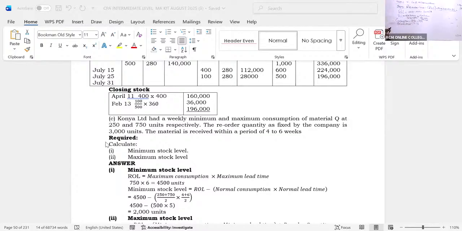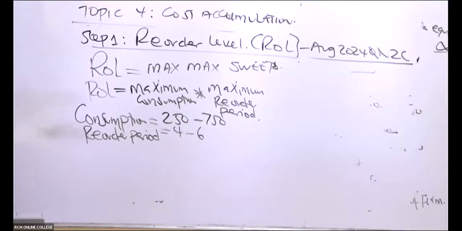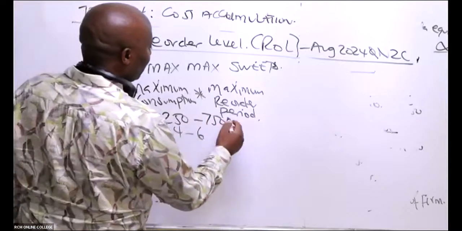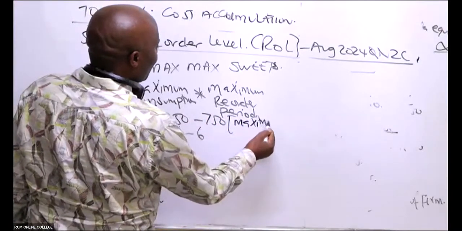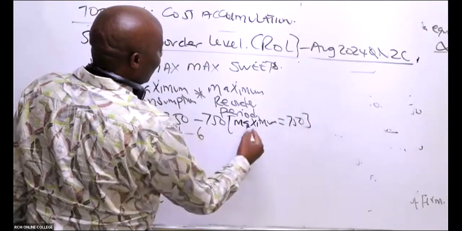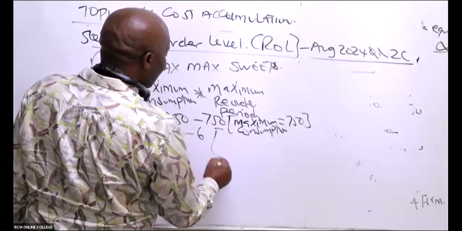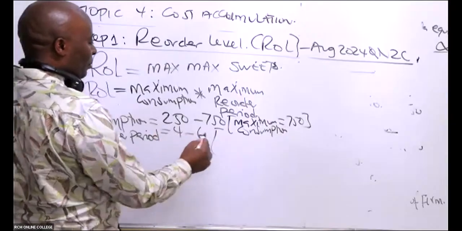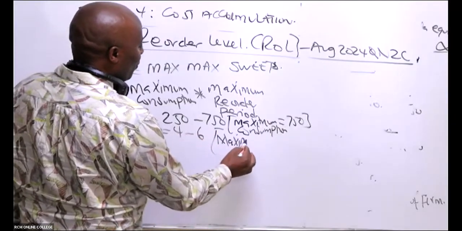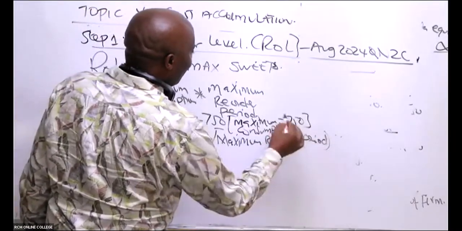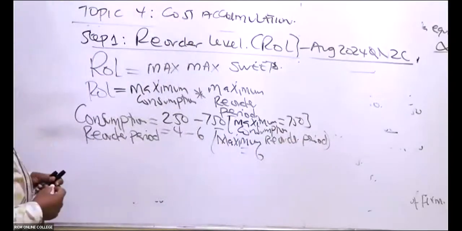So out of this information, between the two numbers in our consumption, which one is maximum? 750. So maximum consumption is 750. The same case with the maximum reorder period. It is 6 weeks. So maximum reorder period is 6 weeks.